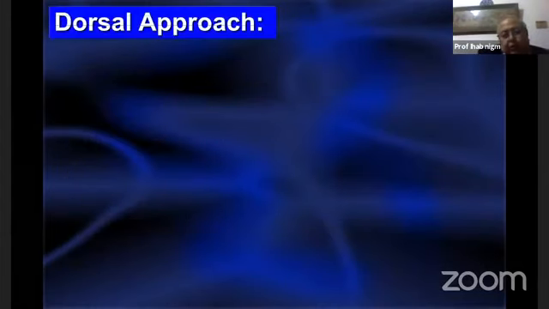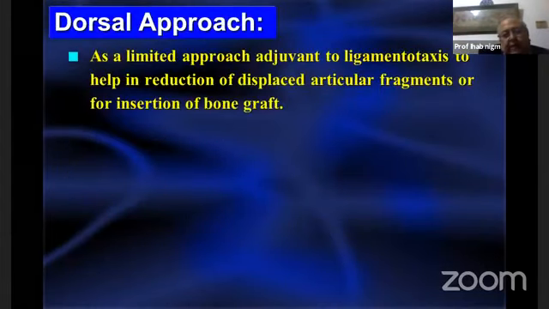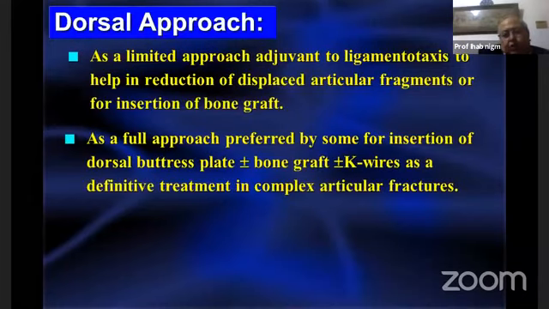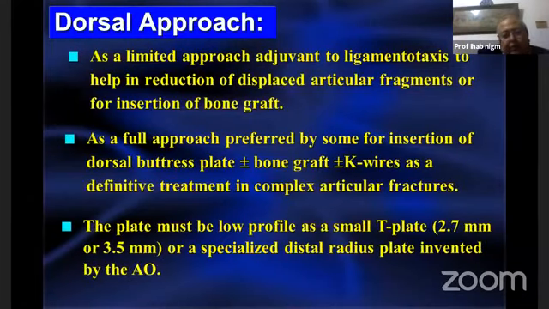Dorsal approach. It can be used as a limited approach adjuvant to ligamentotaxis, as we come to it, to help in reduction of displaced articular fragments or for insertion of bone graft, or as a full approach preferred by some for insertion of dorsal buttress plate, plus or minus bone graft, plus or minus K wires, as a definitive treatment in complex articular fractures.